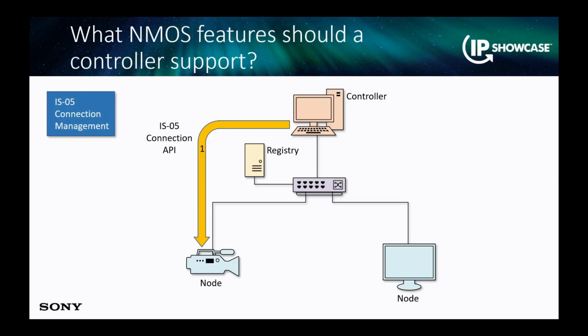It can configure that sending node and then grab a set of transport parameters from that node, usually in the form of an SDP file, and it can then patch that same SDP file on the receiving node that it wants to make the connection to. The receiving node can then get itself in the right state to receive the flow from the sending node and join the appropriate multicast group to make the network technology work, so the media flow can flow from the sending node to the receiving node there.